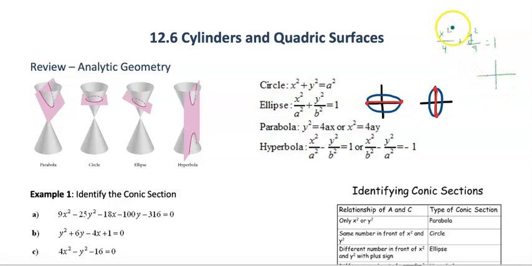So if x is 0, I'm looking for that y-intercept. I know that I have y squared over 9 is equal to 1, and so y must be 3 and negative 3. If I plug in a 0 for that y value, I get x squared over 4 is equal to 1, leaving me with an x of positive or negative 2.